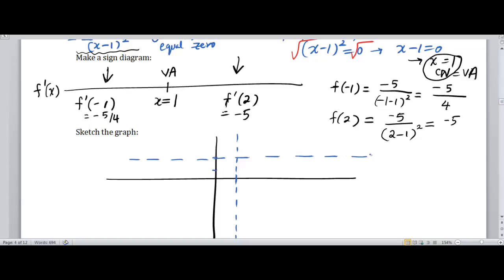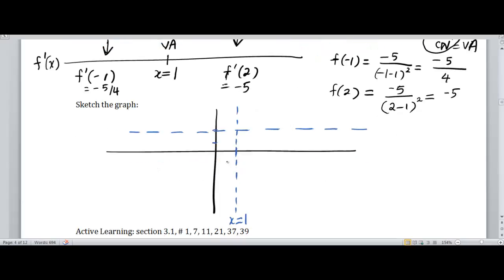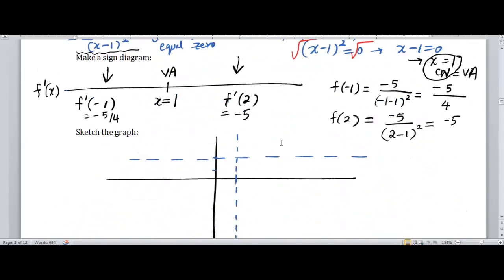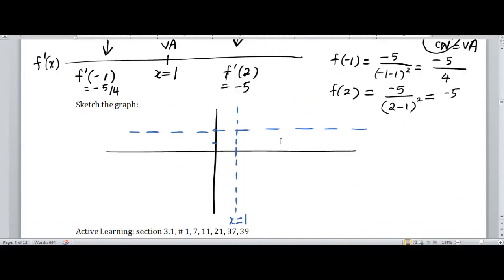Okay. So now I know before 1, the graph is decreasing. So that means it's got to be either in this area or this area. Well, if it's in this top area, it can only go up, right? But that's not decreasing. So I want to do decreasing. So it has to look like this. It never touches the horizontal asymptote, never touches the vertical.